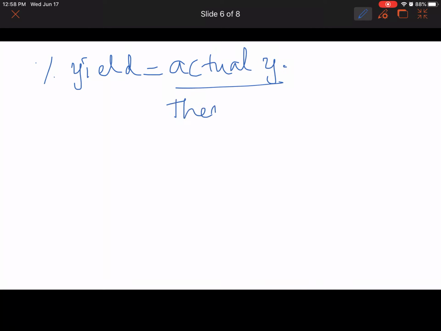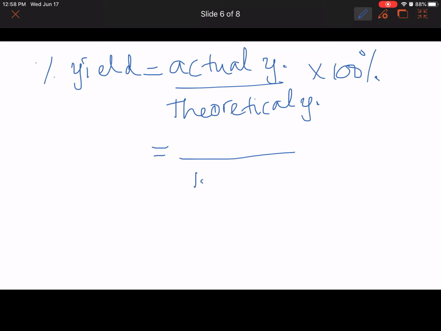So your percent yield is calculated as actual yield over theoretical yield times 100. You find the actual yield from your video and then you divide it by the theoretical yield times 100 and that will give you the percent yield. Okay, so you can do that calculation.